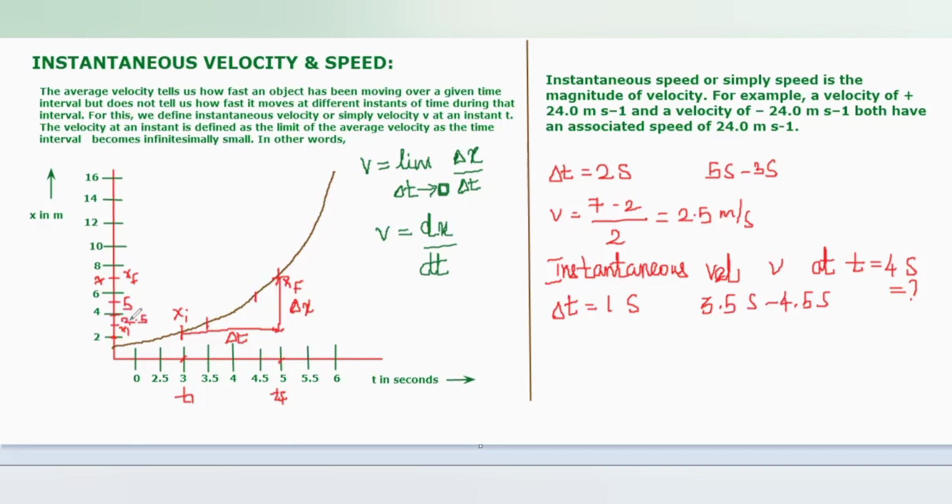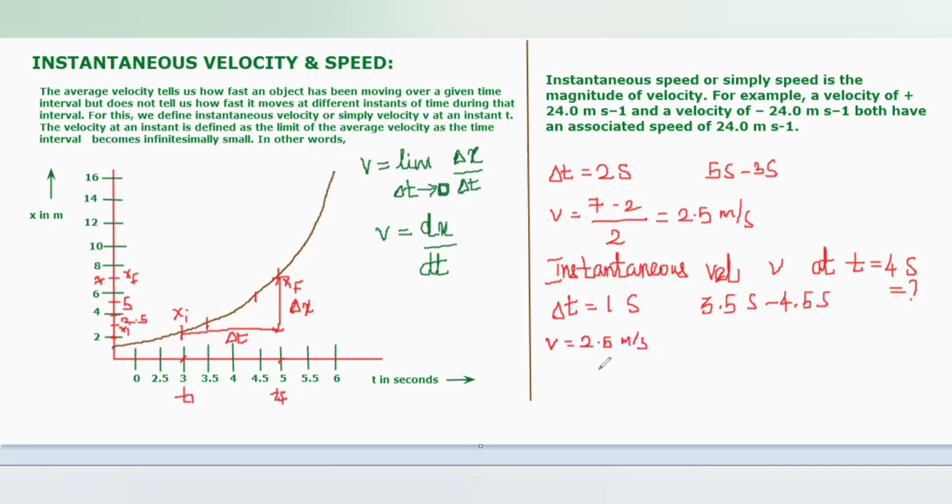So x minus xi will be 2.5 divided by 1. So for this case, again we will get approximately the same, because it's an approximate curve, so we will get 2.5 meters per second.